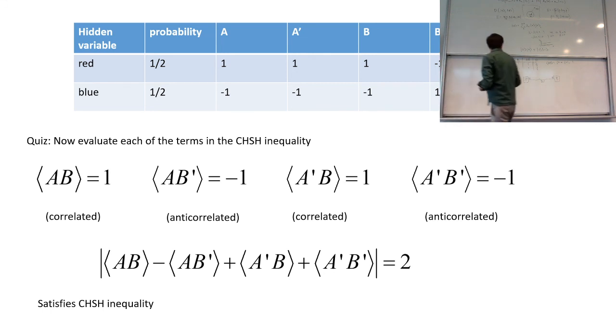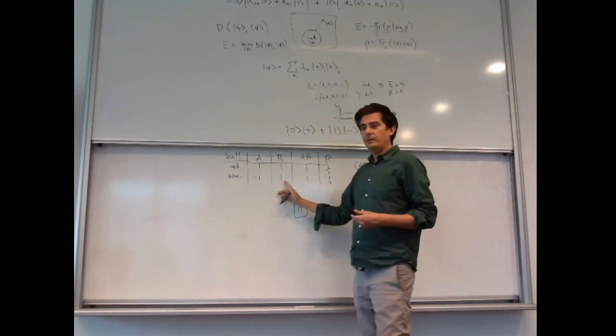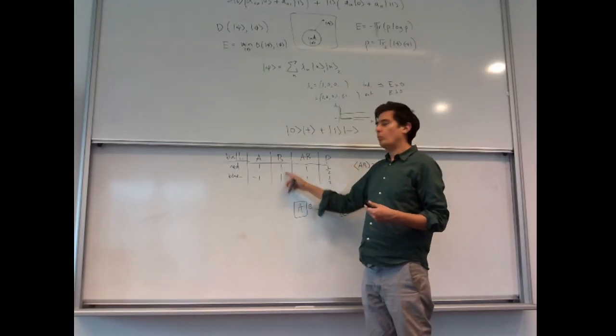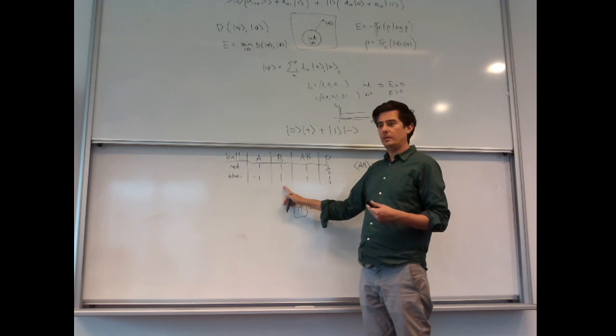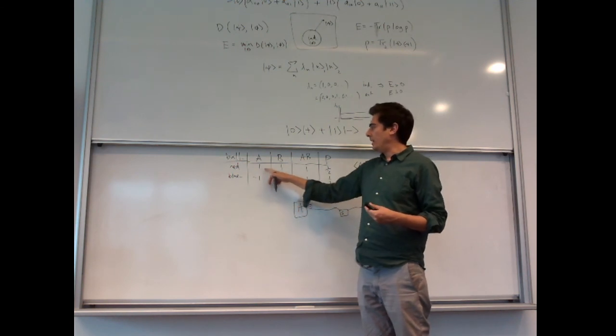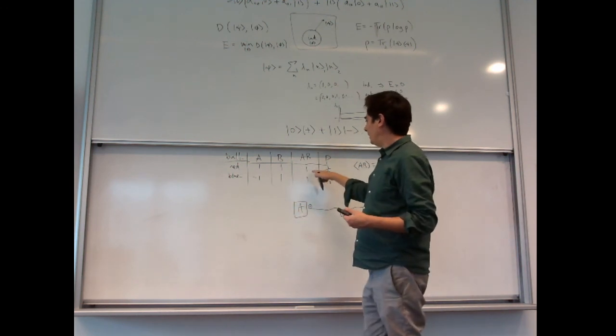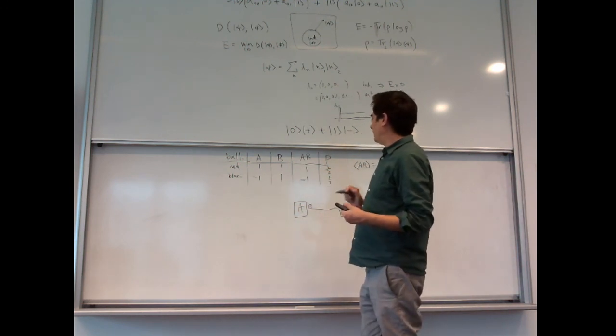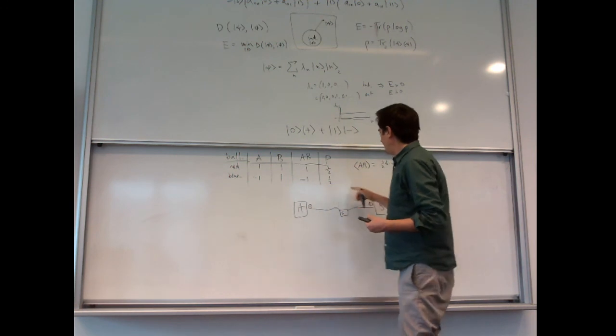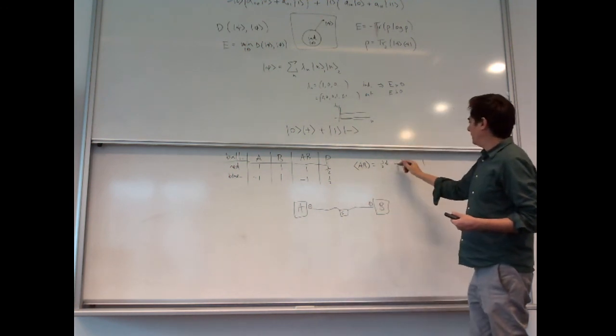And just to give a slightly different example, let's choose a different rule here. Say B is just 1 no matter what the outcome is, and A is 1 or -1. So in this case, AB will be 1 or -1 here, and in this case, this will be minus, and this will be 0.